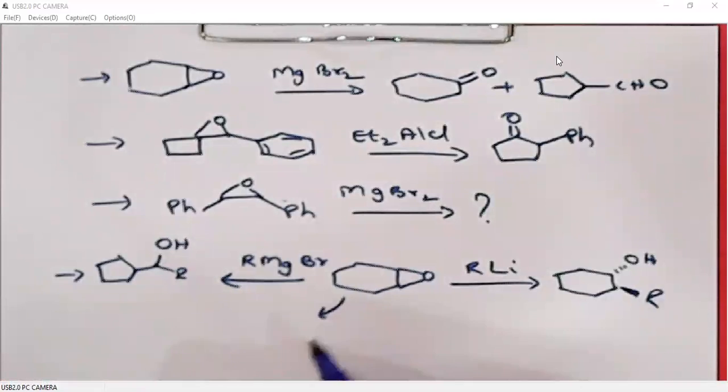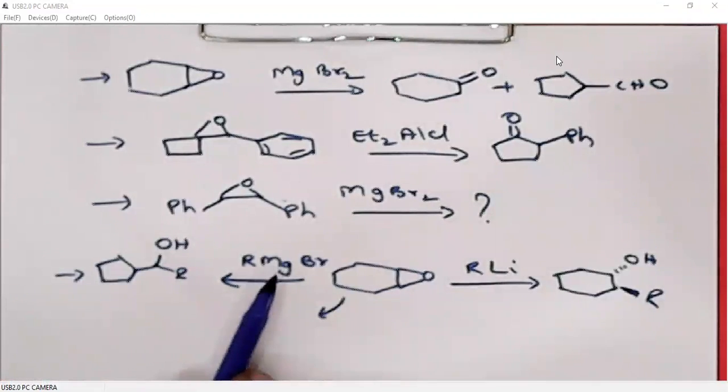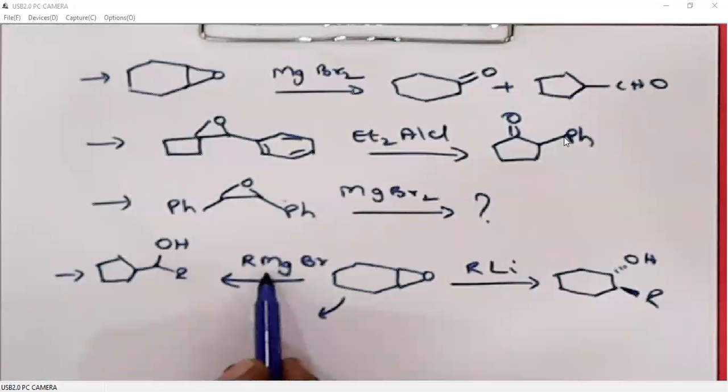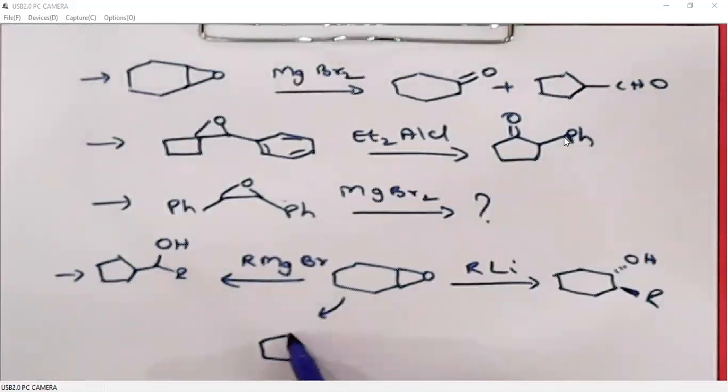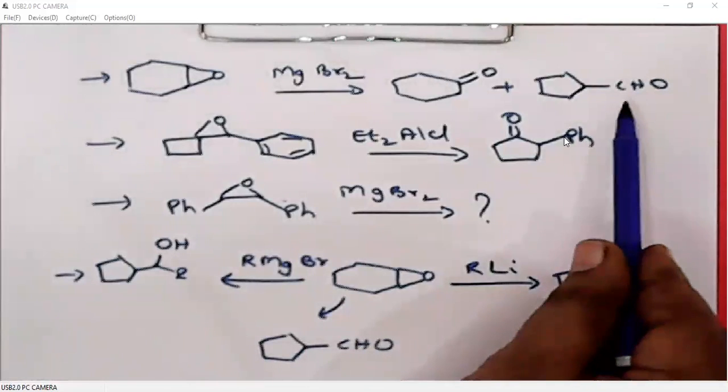We can explain this when we know the reactivity of magnesium. Of course, alkyl magnesium bromides, Grignard reagents, are nucleophilic in nature, but at the same time, magnesium can act as a Lewis acid. So because of its Lewis acidic nature, first this epoxide will undergo semi-pinacol-pinacolone rearrangement to generate this product.